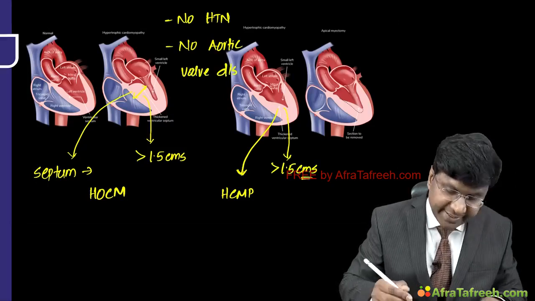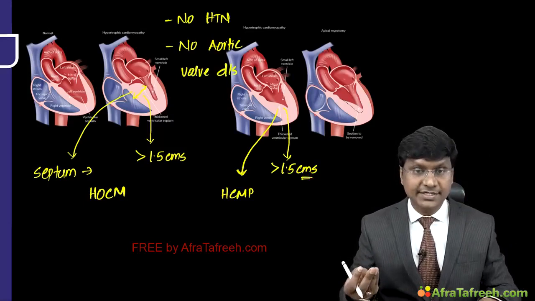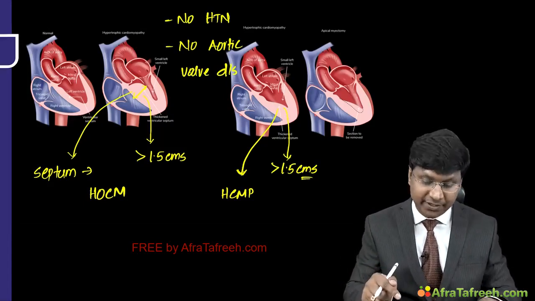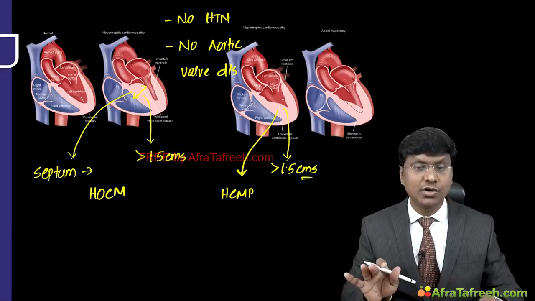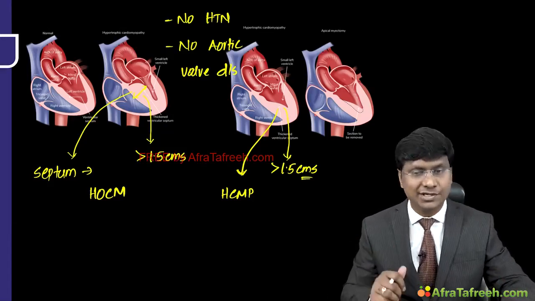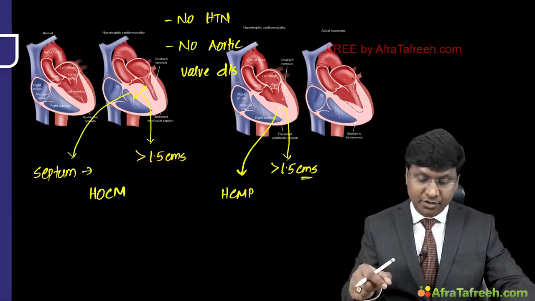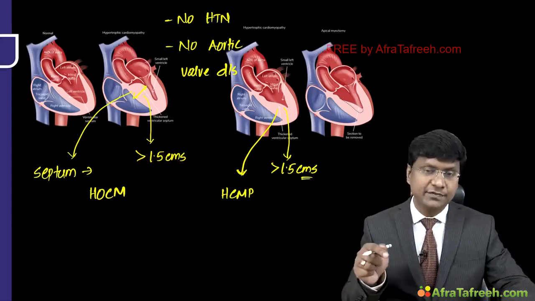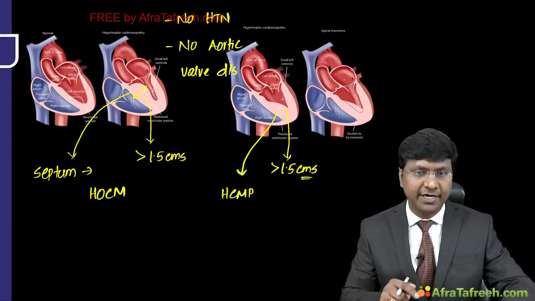Usually aortic valve pathology, that is aortic stenosis or aortic regurgitation, causes hypertrophy, but in spite of its absence, there is hypertrophy in hypertrophic cardiomyopathy. And there is also an absence of infiltrative or storage diseases, because usually an infiltrative disorder which can cause increased thickness is hemochromatosis.